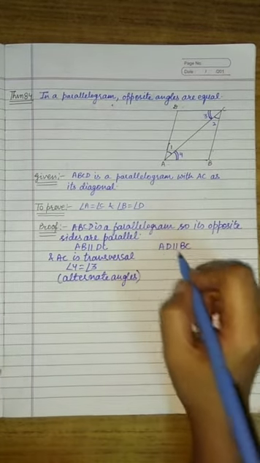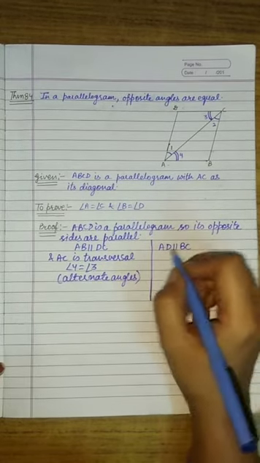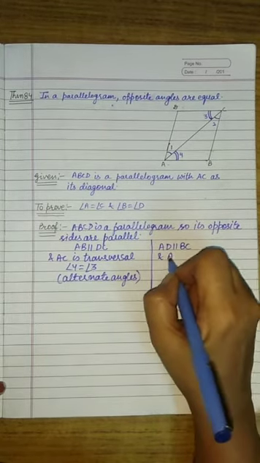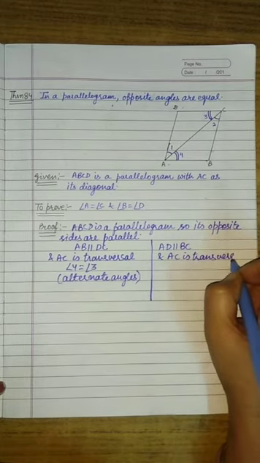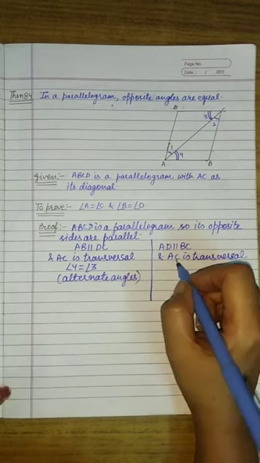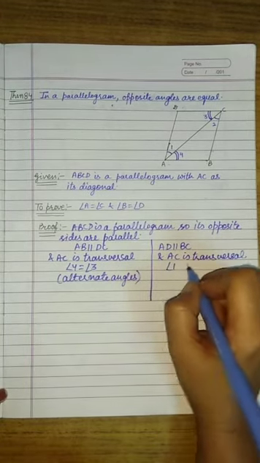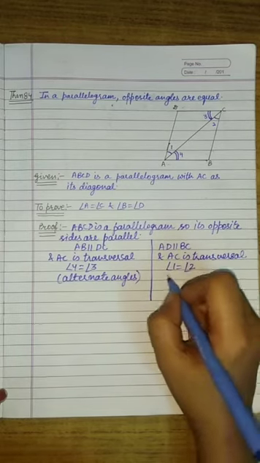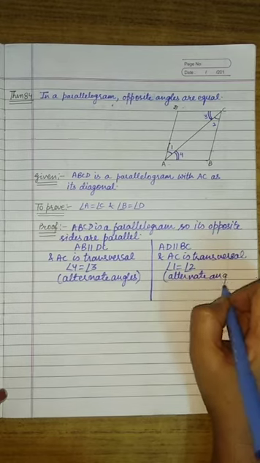Similarly, for AD parallel to BC, and AC the transversal, we will write angle 1 is equal to angle 2. These are also alternate angles.